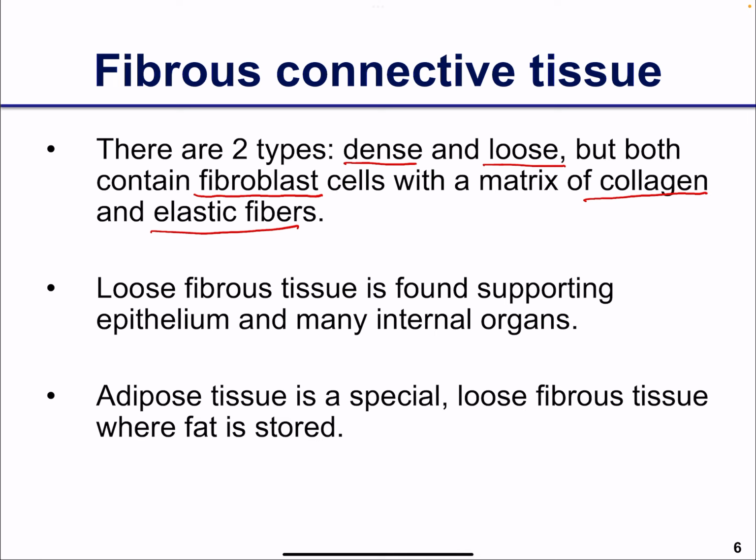Then we have the loose fibrous connective tissues, we're going to find them providing support to epithelia, and also extensively in internal organs. Now, what are some examples of areas where you are going to find loose fibrous connective tissues? For instance, underneath the skin.